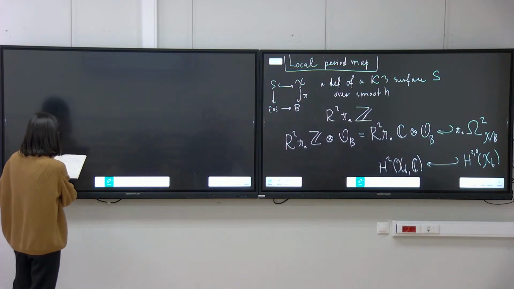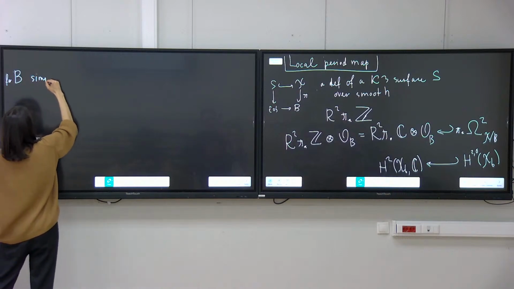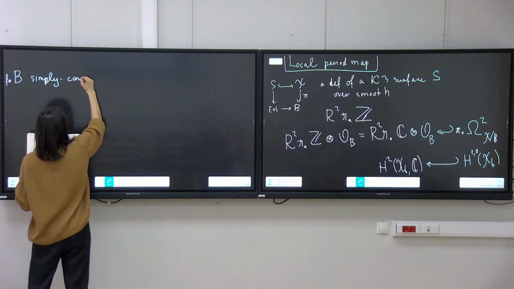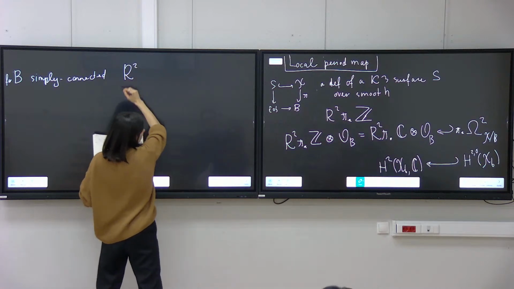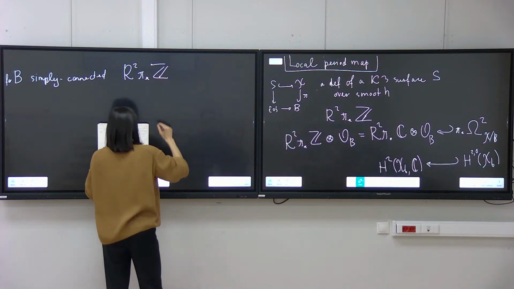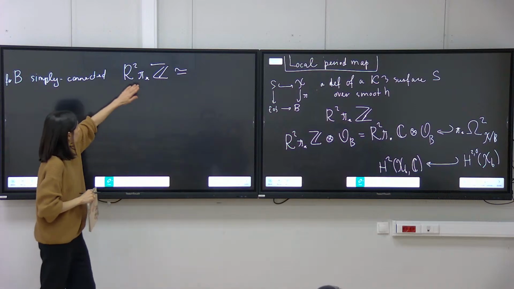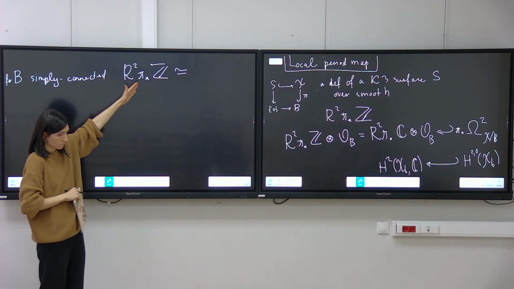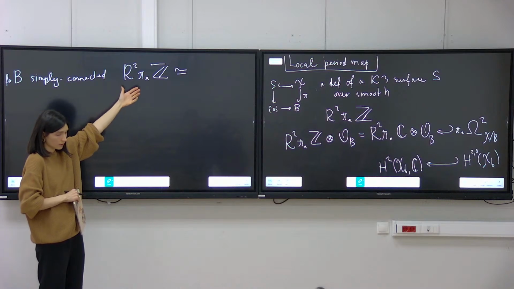So we have such an embedding, and if we assume B is simply connected, this local system will be what for a simply connected base? What can be said about local systems on simply connected spaces?